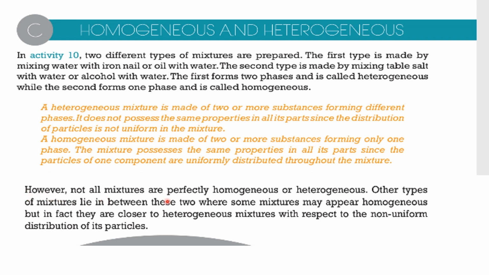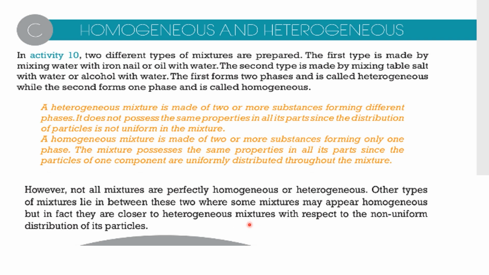However, not all mixtures are perfectly homogeneous or heterogeneous. Other types of mixtures lie in between these two, where some mixtures may appear homogeneous, but in fact they are closer to heterogeneous mixtures.